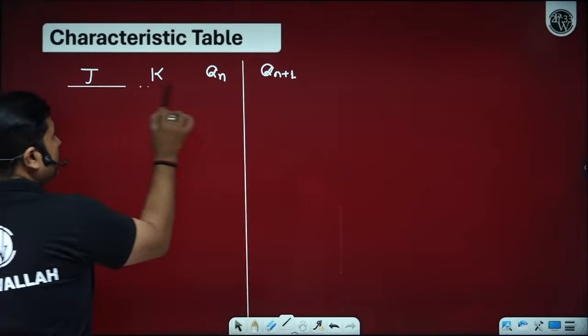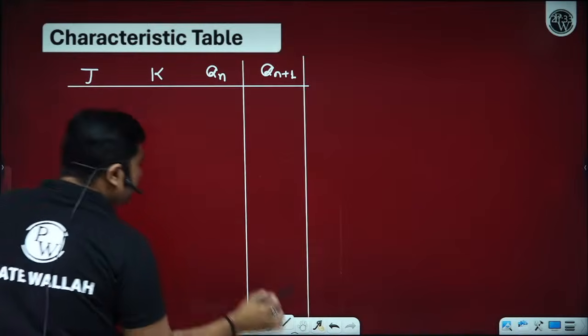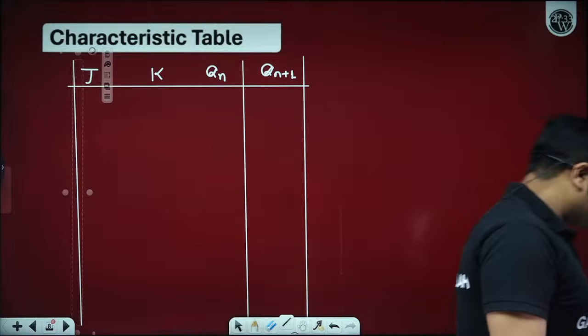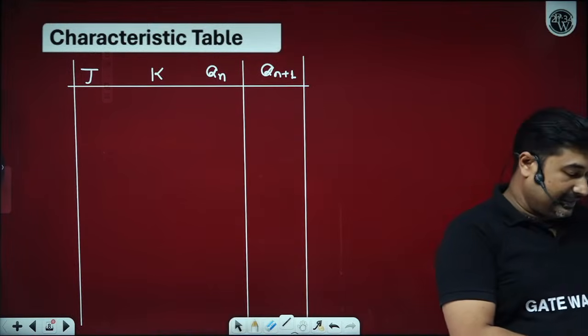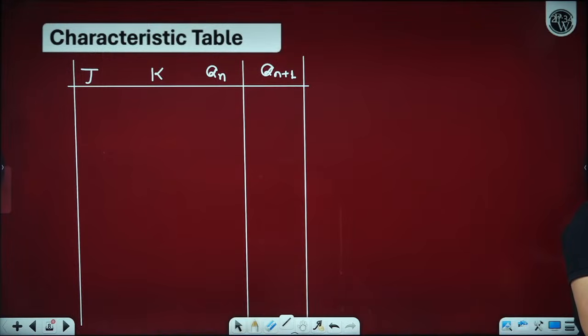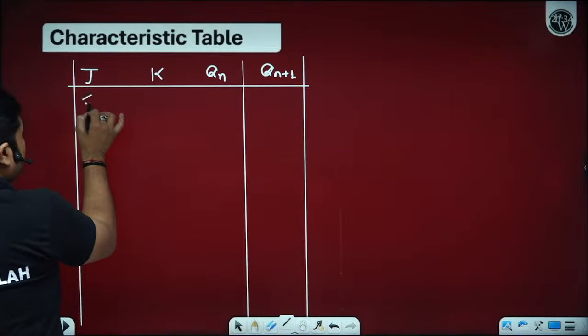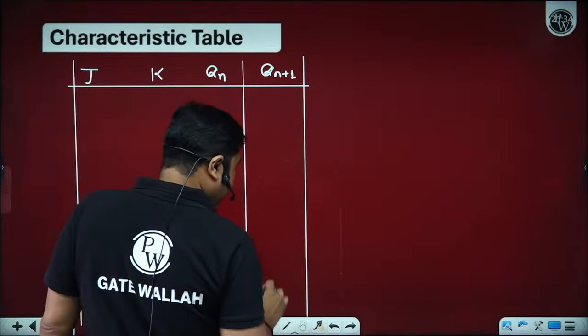So, how many possibilities of the present state and present input are there? Sir, we have a total of 8 possibilities.